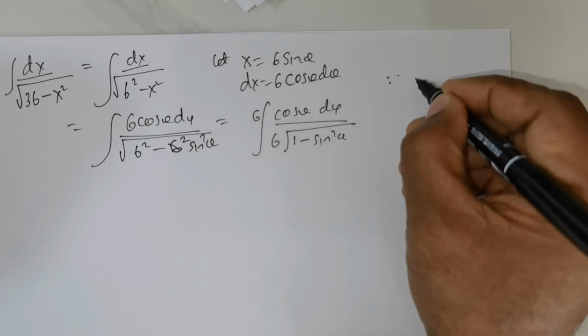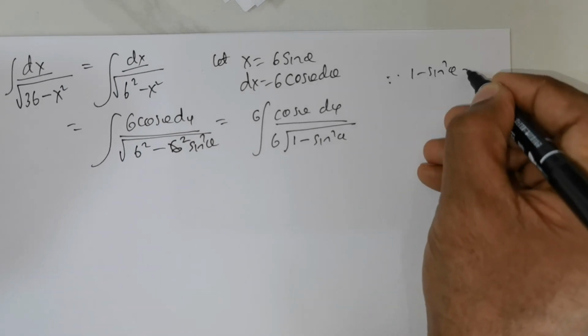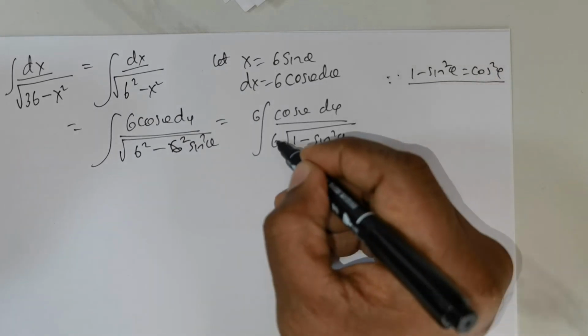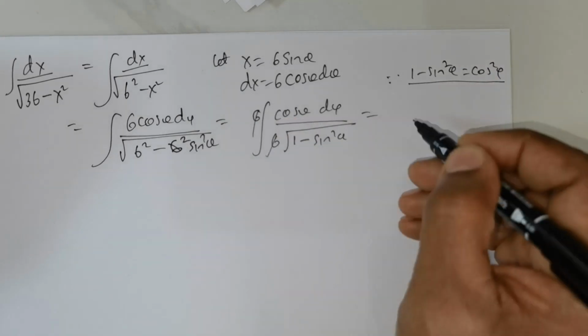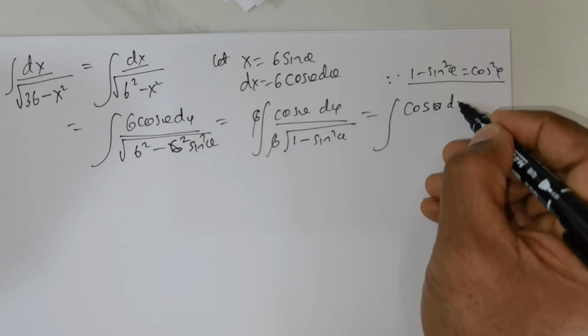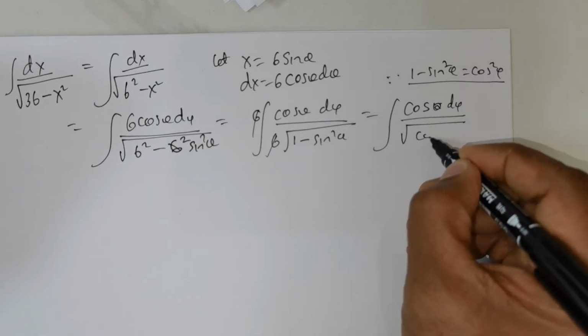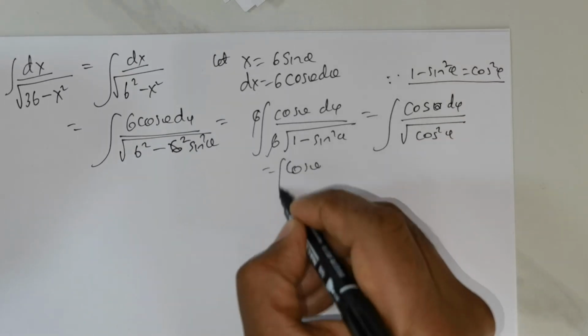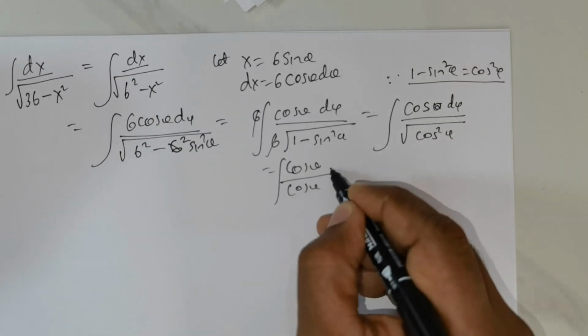Now we know that 1 minus sine squared theta is equal to cos squared theta. So 6 and 6 can be cancelled. So we got integral cos theta d theta divided by root of cos squared theta. You apply the square root, you get cos theta times d theta.